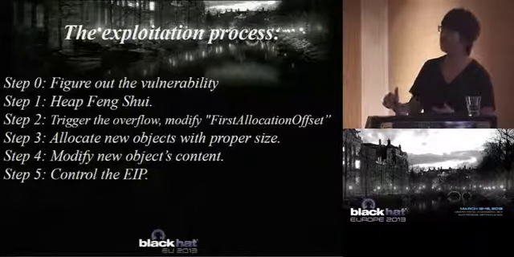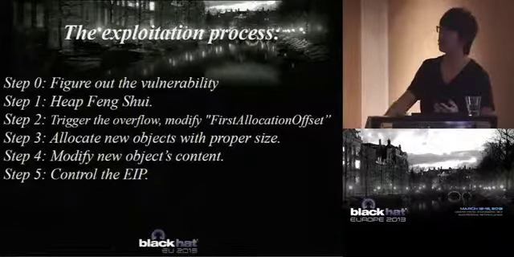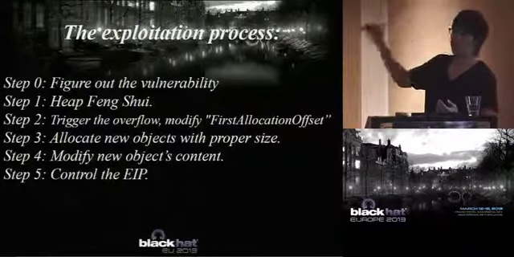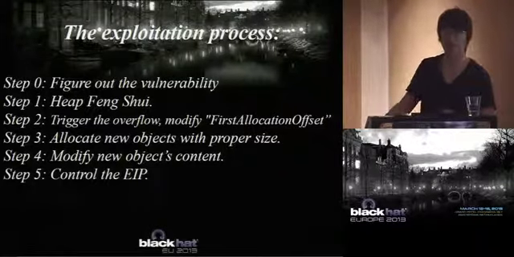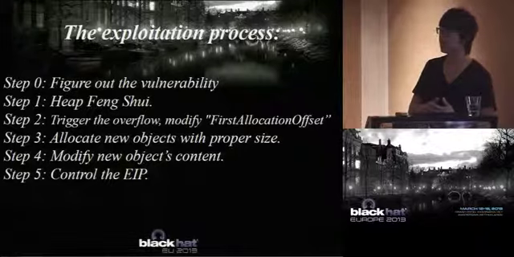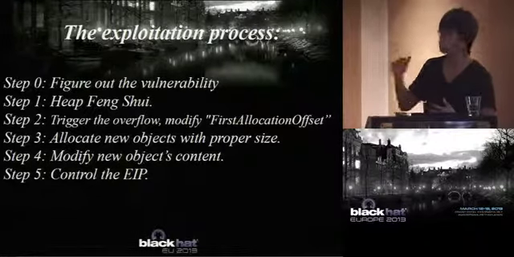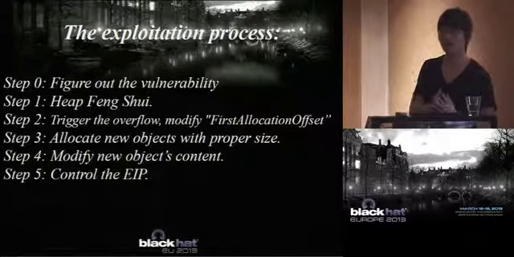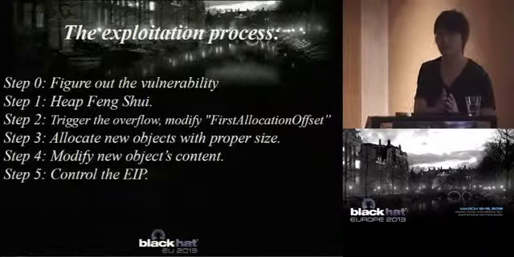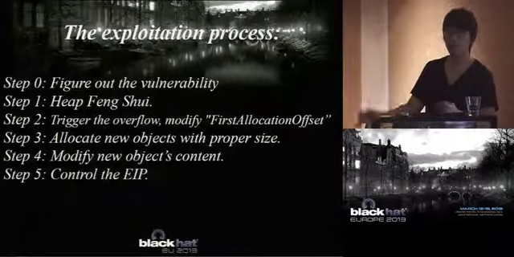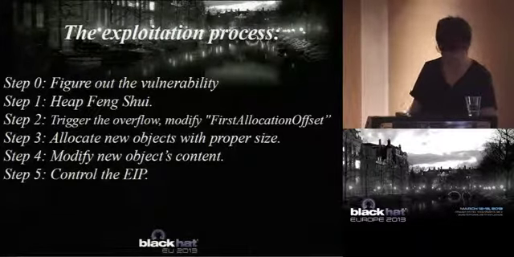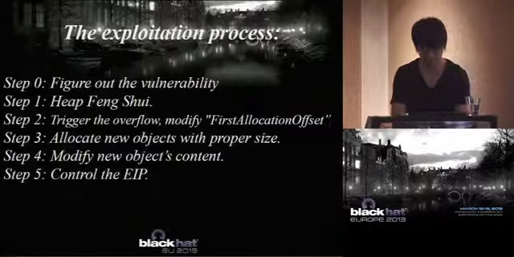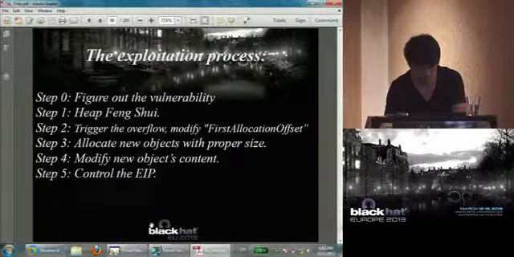If yes, let's build the heap layout using this new heap technique, trigger the overflow, modify this data, and allocate a new object with the controlled size. These allocations will jump into the red area we have controlled before. And we could modify the content and finally control the EIP. And let's watch the demo.